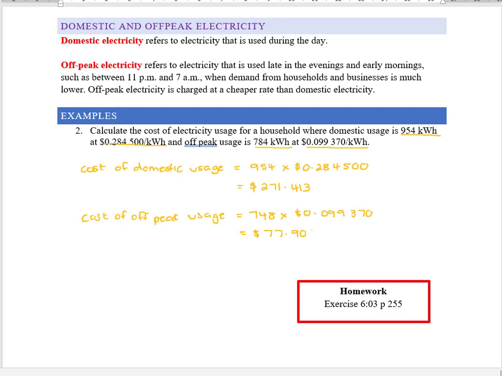So the total cost, I'm going to add those two together, 271.413 and 77.90608. And I get my unrounded answer, which I'm going to write down as 349.319, etc., which rounds to $349.32. And that's all there is.